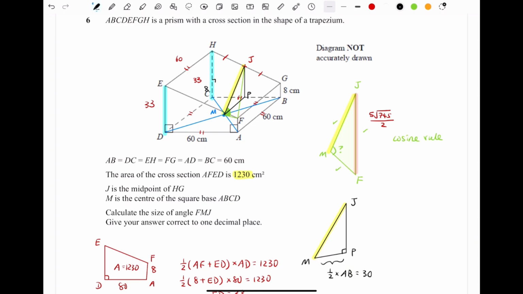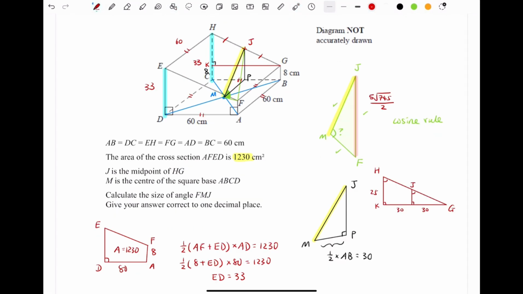Now how can we work out JP here? Let's look at this triangle just above the rectangle, the triangle HJK. As we can see, there is a pair of similar triangles. Because we know J is the midpoint, the scale factor from the larger triangle, JHK, to the smaller one is a half.